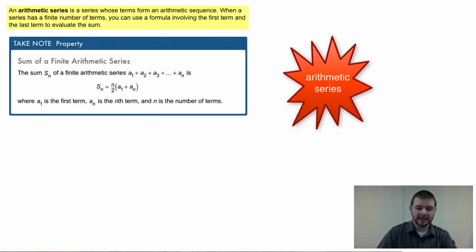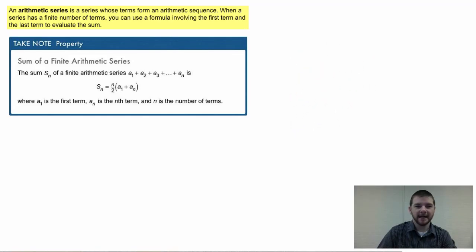An arithmetic series is a series whose terms form an arithmetic sequence. When a series has a finite number of terms, you can use a formula involving the first term and the last term to evaluate the sum. And here's a Take Note box. You really should add this to your notes. Sum of a finite arithmetic series.